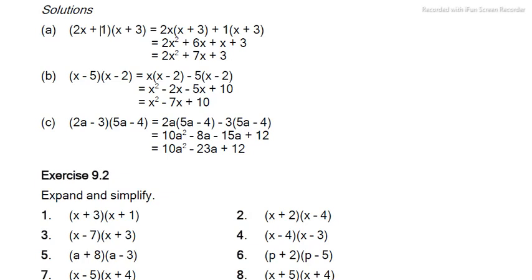After doing that, we open the brackets to get 10a squared minus 8a minus 15a plus 12. And you see that 8a and 15a will be added up to get negative 23a. So our final answer becomes 10a squared minus 23a plus 12.